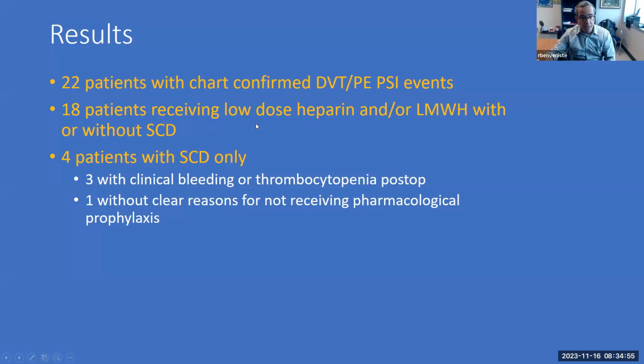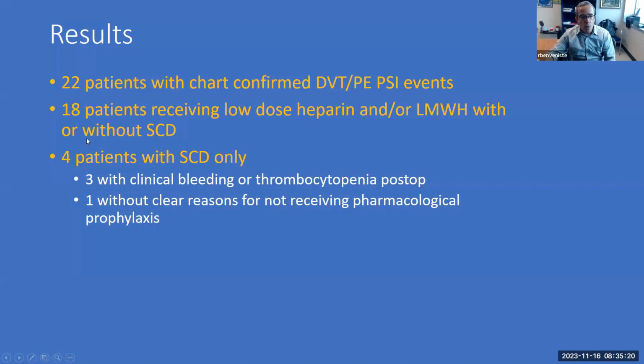There were 4 patients out of 22 who only had sequential compression devices documented by nursing notes and orders. And 3 of them didn't receive pharmacologic prophylaxis because they had clinical bleeding or thrombocytopenia post-op. There was 1 patient who didn't really have clear reasons for not receiving heparin or low molecular weight heparin.